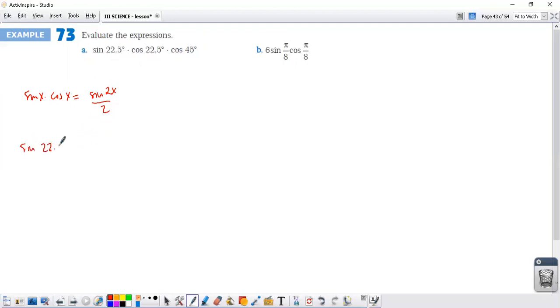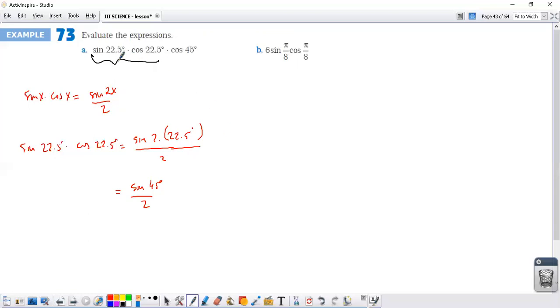So sine 22.5 degrees times cosine 22.5 degrees is equal to sine of 2 times 22.5 degrees over 2. So it's going to be sine 45 over 2. It means that for the first two expressions, sine 22.5 and cosine 22.5, I'm going to write sine 45 degrees over 2.